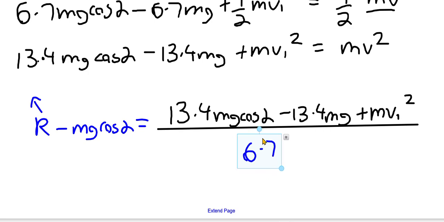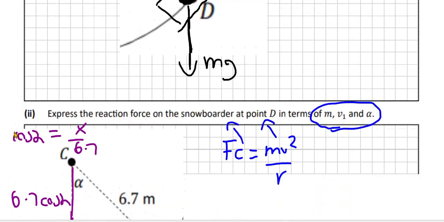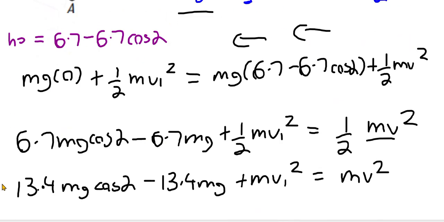Now, what's the goal of the question? To isolate? The goal of the question is to isolate R. And it says mv1 and alpha is allowed. Okay.